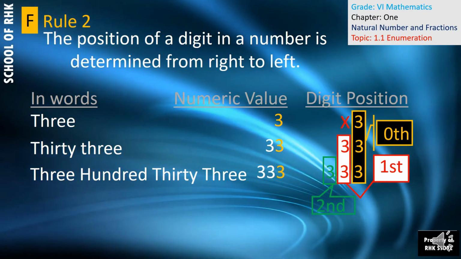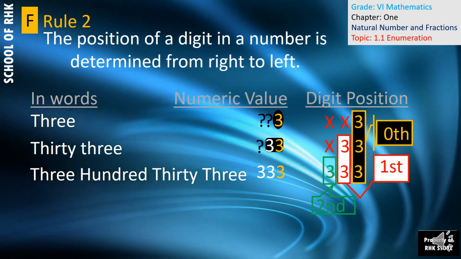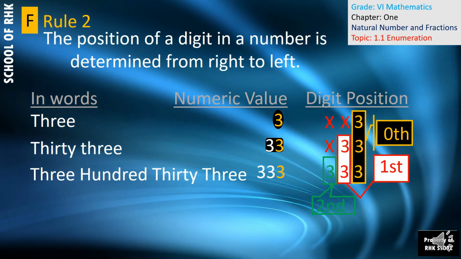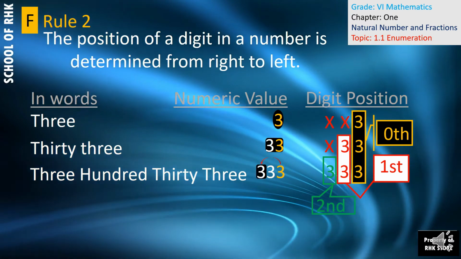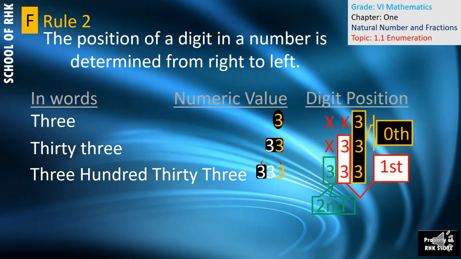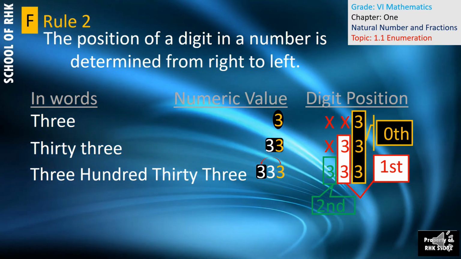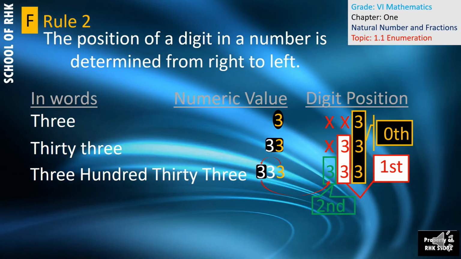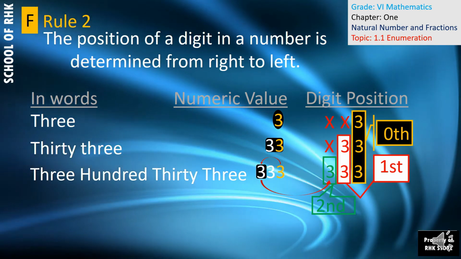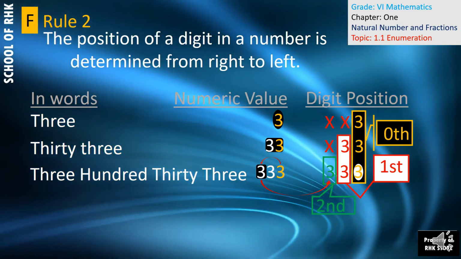Second position. 3 and 33 do not have any third digit. Only the number 333 has a third digit. If we look at the position of the third digit of the number 333, then considering the 0th or extreme right digit of the number 333, it has been marked in the green color, where the 0th digit is in golden color and the first digit is in red to make it more clear.